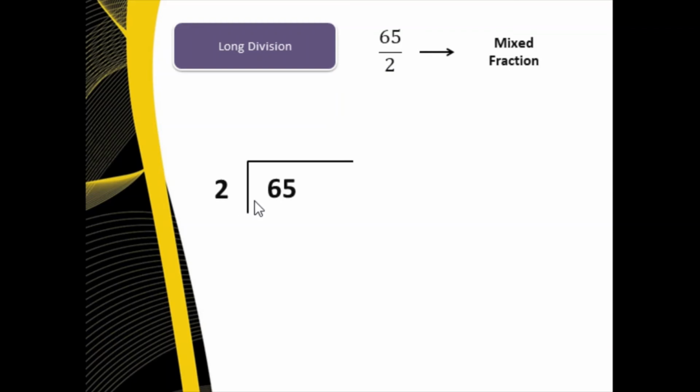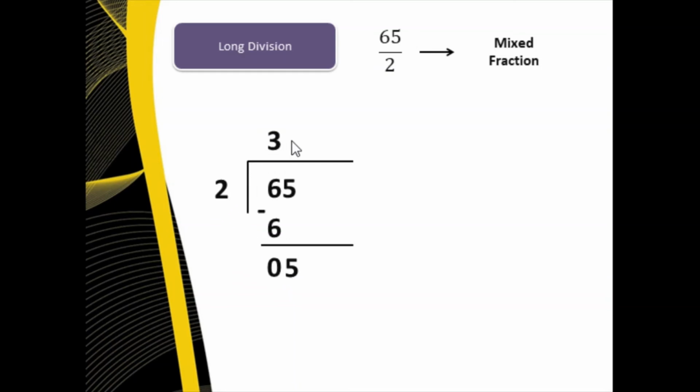Let's use long division, okay? 65 over 2 change to mixed fraction. You divide the numerator by denominator. We have 65 divided by 2. 6 divided by 2 equals 3. 3 times 2 is 6. Good job. We subtract them. 6 minus 6 is 0. So you bring down 5. 5 divided by 2.